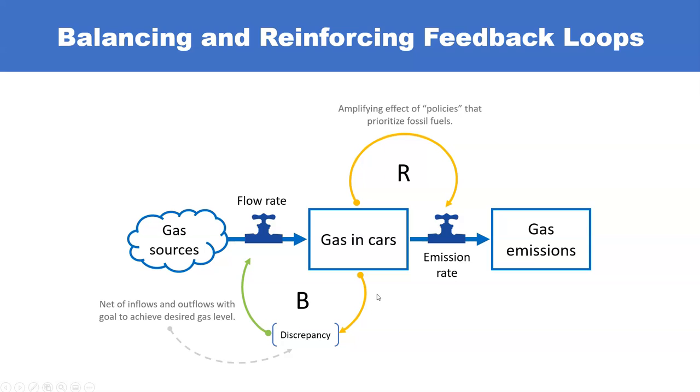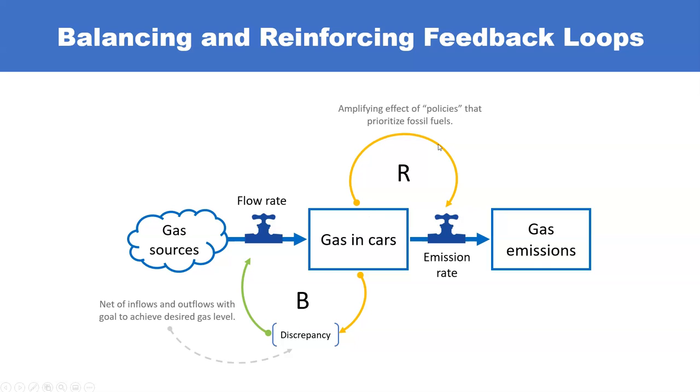Like in the previous slide, there were reasons listed here for the outflows, and reasons listed here for the inflows. You can certainly do that. And that's the balancing aspect, as discussed earlier. You could also draw the reinforcing loop below here, but you can also do it above, as long as you're clear about what you're trying to do.